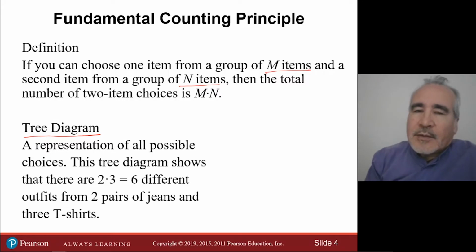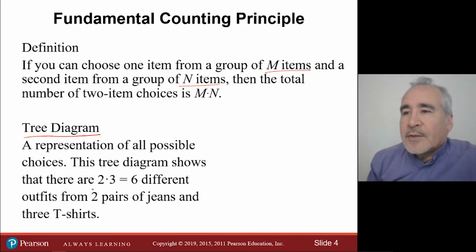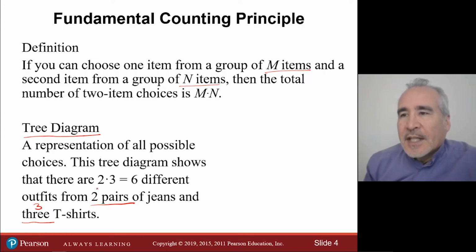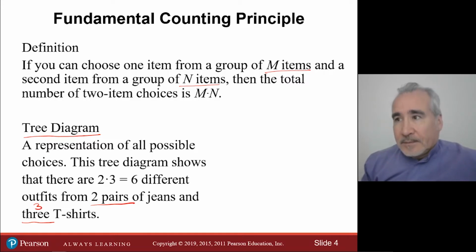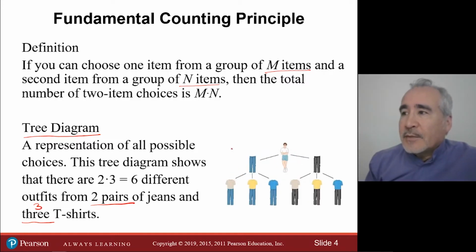So let's get away from the menu choices. Let's say that in your closet, you have 2 pairs of jeans and 3 different t-shirts. How many outfits could you have composed of a t-shirt and a pair of jeans? Visually, we can see he's already got a t-shirt on, right?